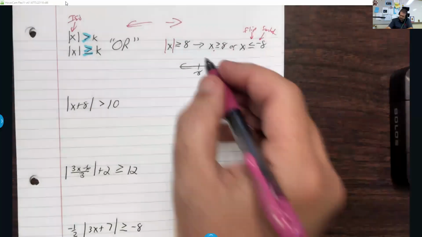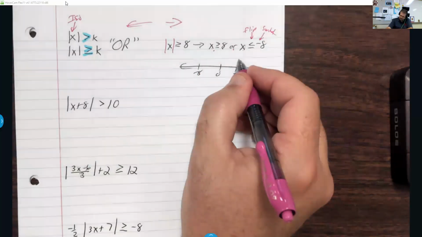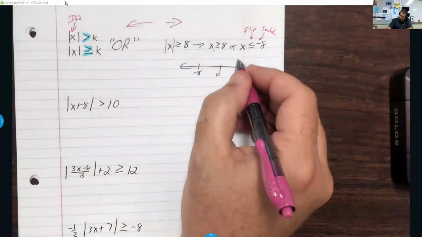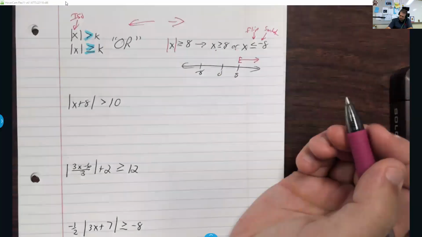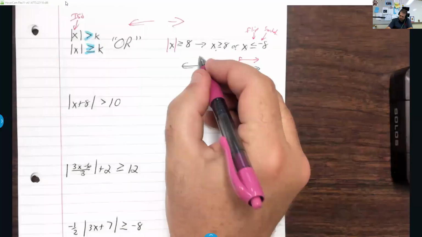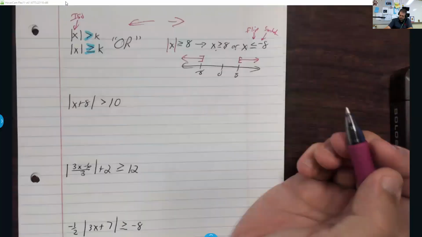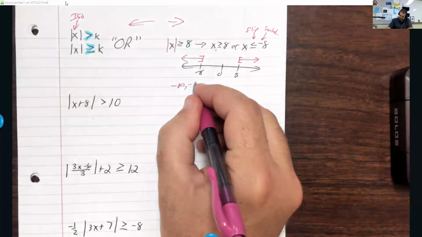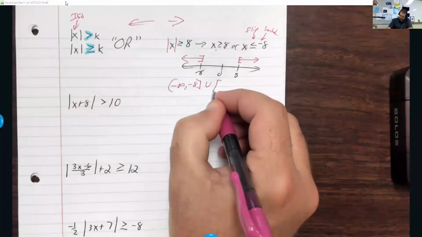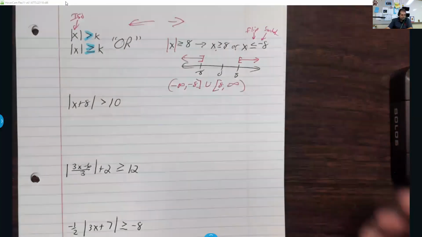Now, when we graph that, that's going to be hard bracket out going bigger, hard bracket going smaller, which is negative infinity to negative 8, union 8 to infinity.